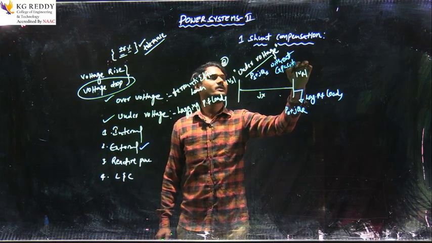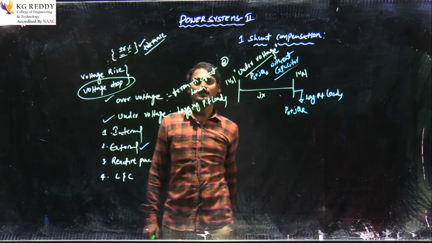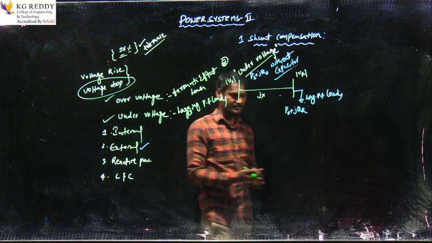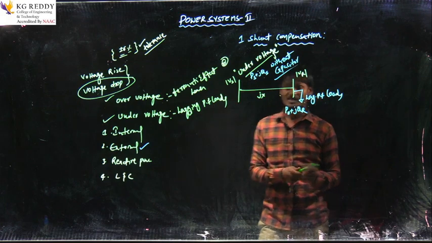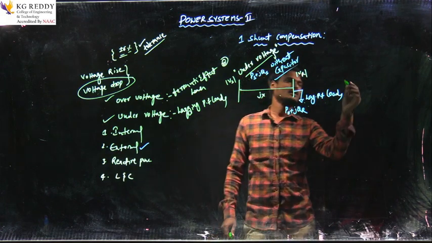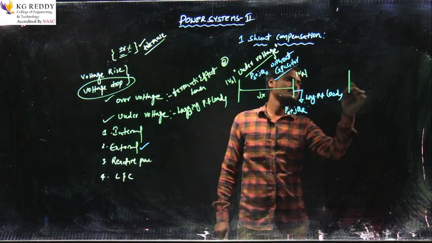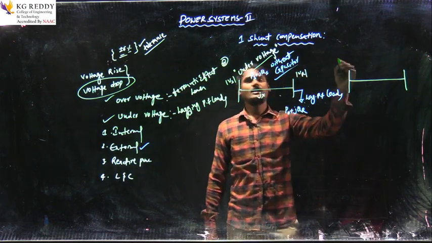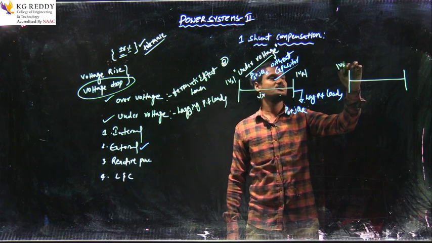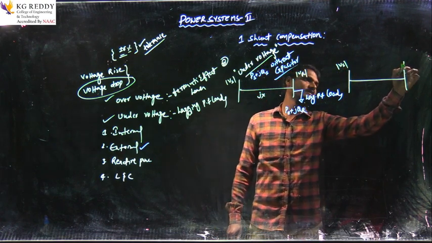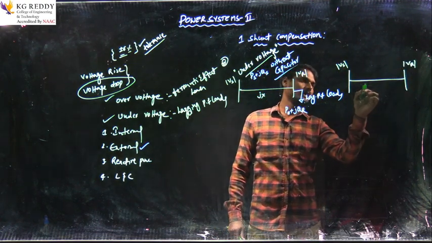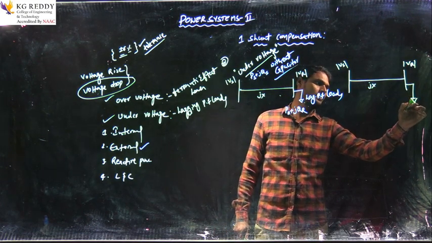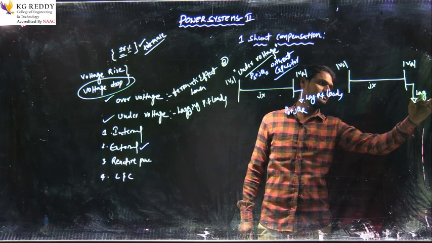Here I am not doing any compensation in this system. I am considering one more system, that is with capacitor, with compensation. This is a system having the shunt compensation technique. As usual it has the sending end voltage and the receiving end, this is the transmission line, and this is the lagging power factor load.